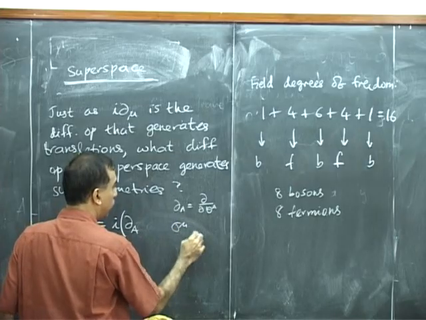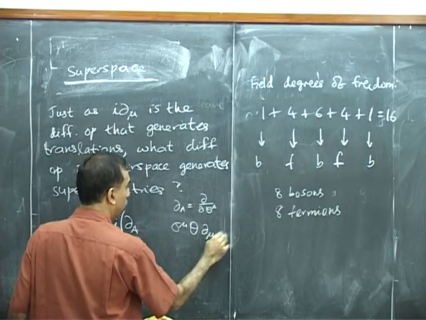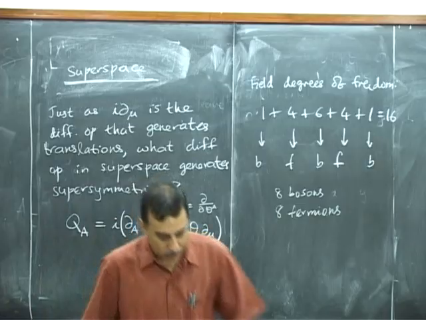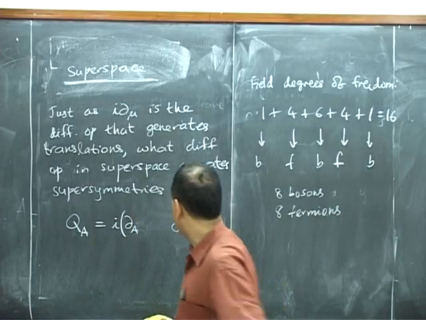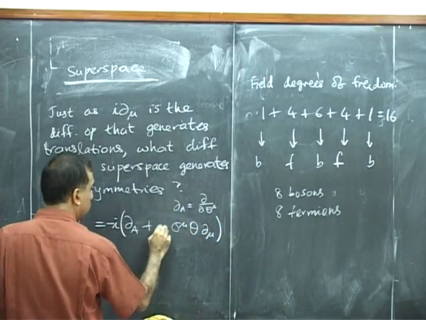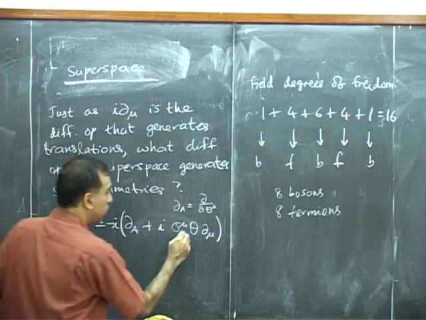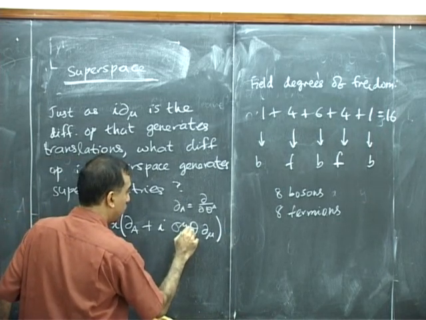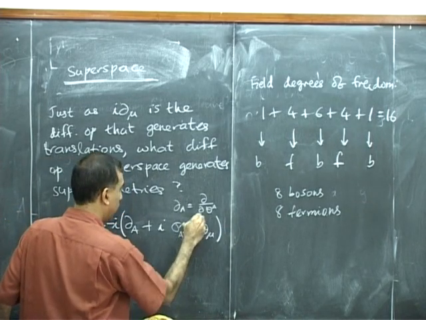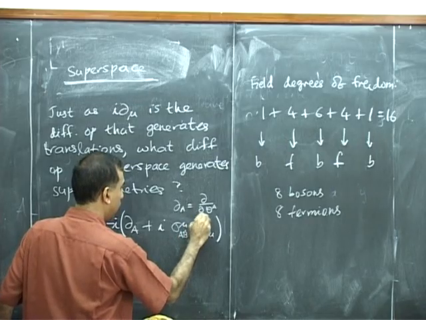So sigma mu, theta, del mu, and some factors of i. The standard definition is with a minus i in front and a plus i inside there. And what is the index structure? So A, B dot. Oops, I think this is theta dagger, B dot.